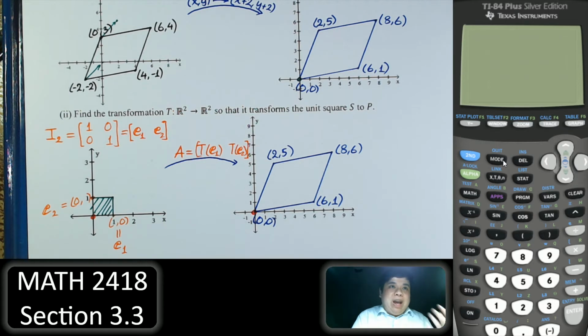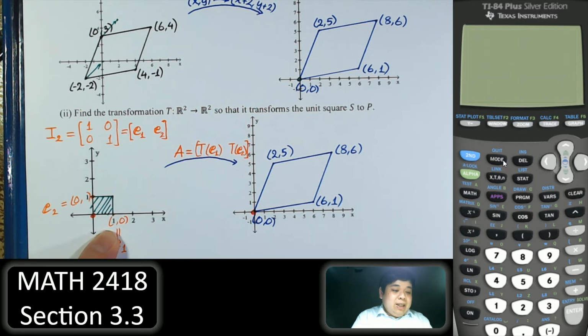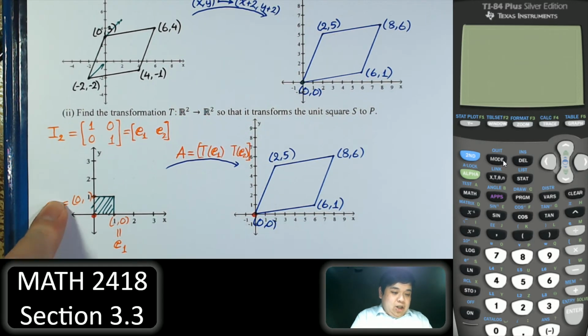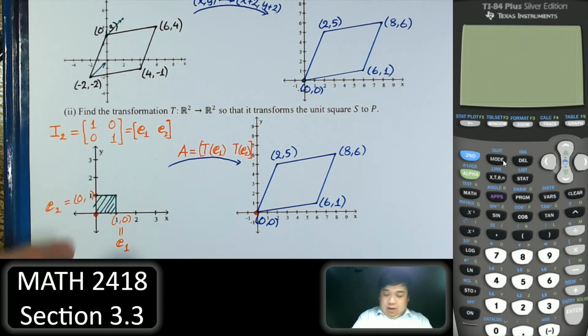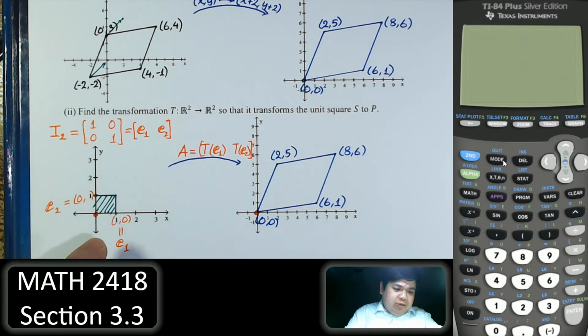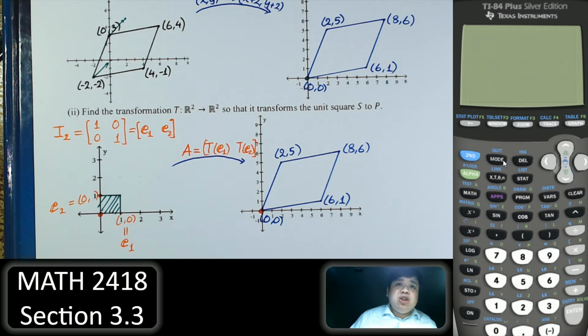Right? That's why we have the unit square here, because that gives us E1 and E2, 1, 0 for E1 and 0, 1 for E2, conveniently. Now we just map, to find the transform from here to here.